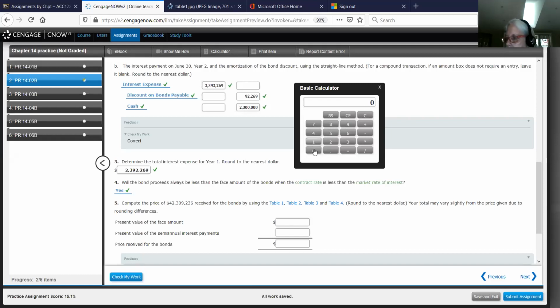We're going to put in 0.11746. Then we're going to multiply that by the face value of our bonds, which was $46 million. And that's going to give you the present value of the face amount of $5,403,160.